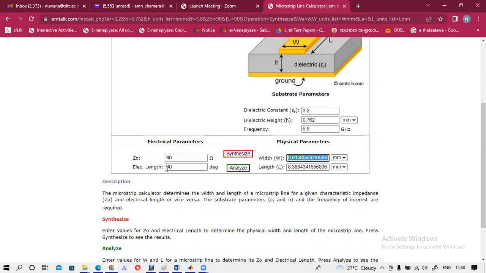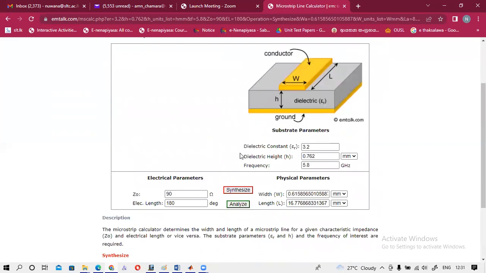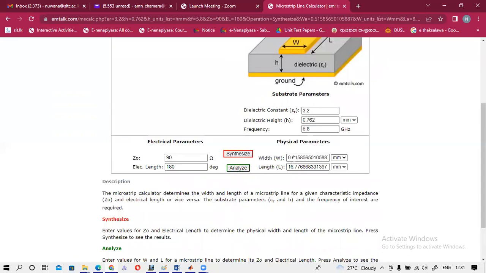If I change this electrical length to 180, the length will be around 16.6, but the width will not be changed much. You can see that this is doubled, so we have to put some value, but it does not affect our width much.